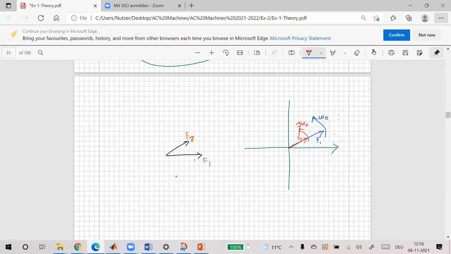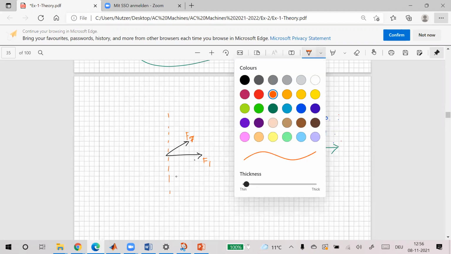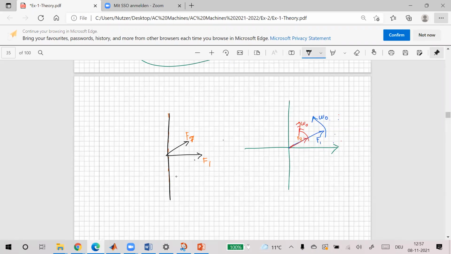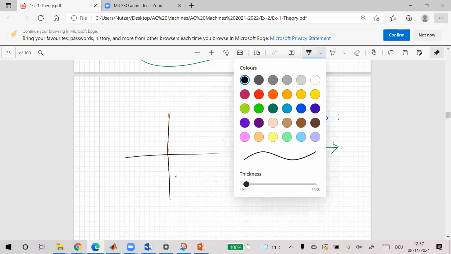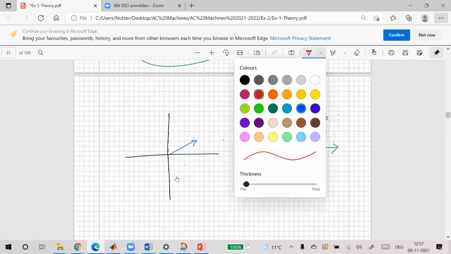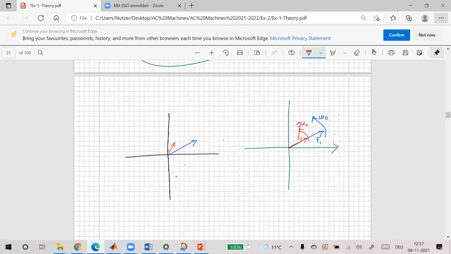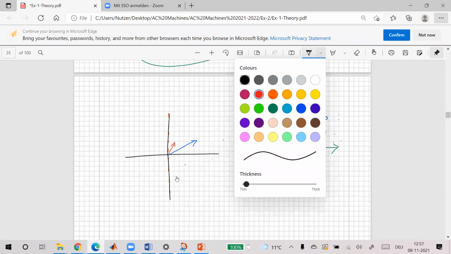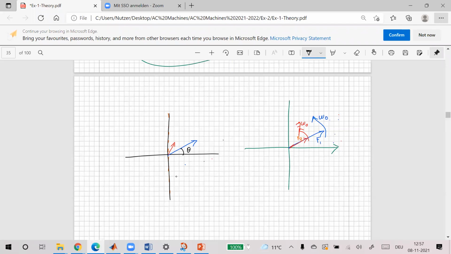So what you can do is, I'll draw it the other way. Let's say at a moment, this is your fundamental component, and here we have your seventh order component. So this is your theta 1, theta 7.